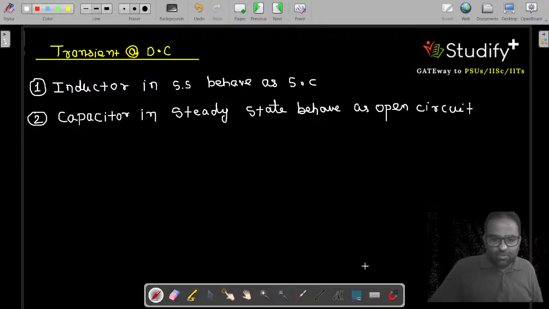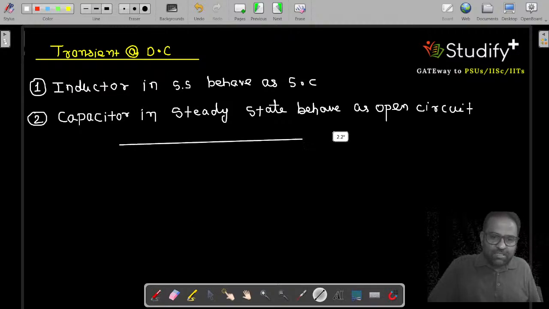Yesterday we discussed these two very important concepts for any transient analysis.